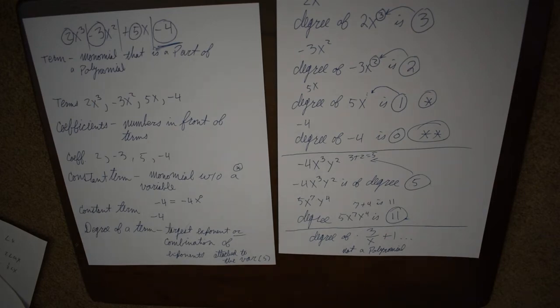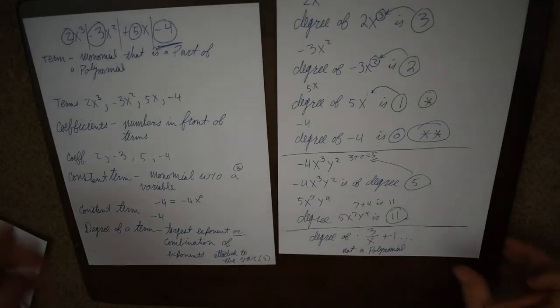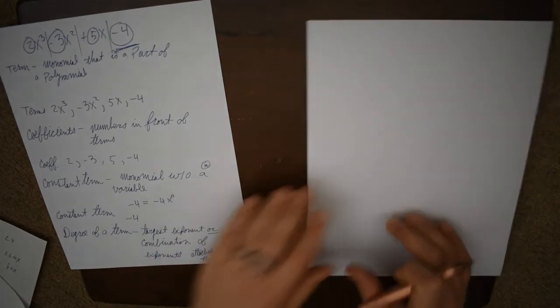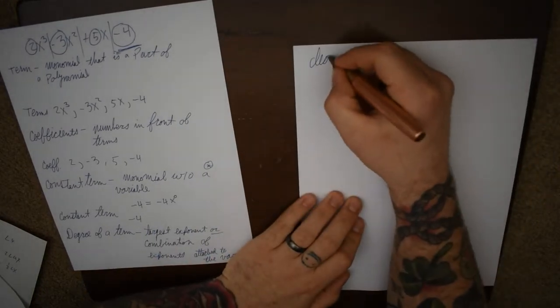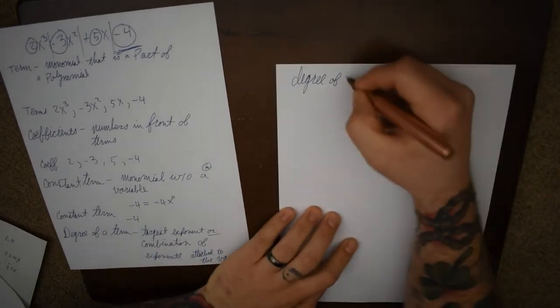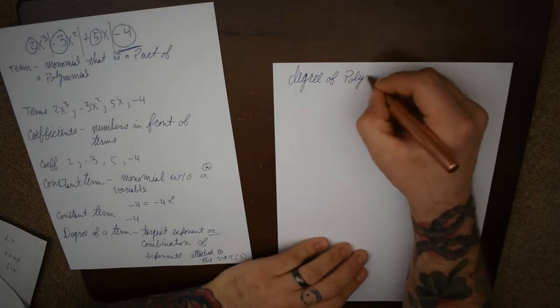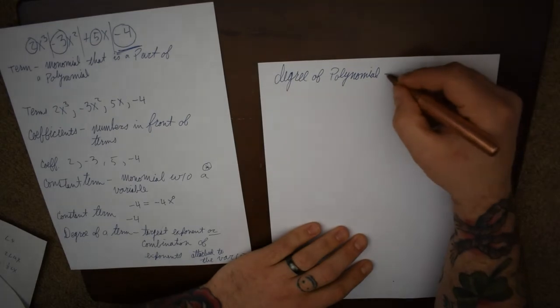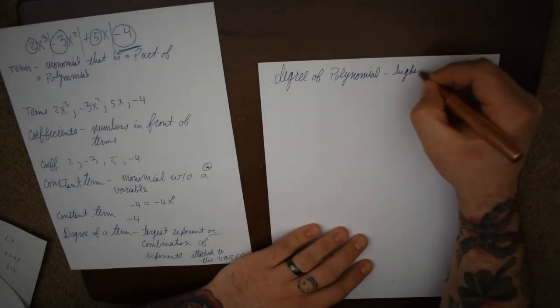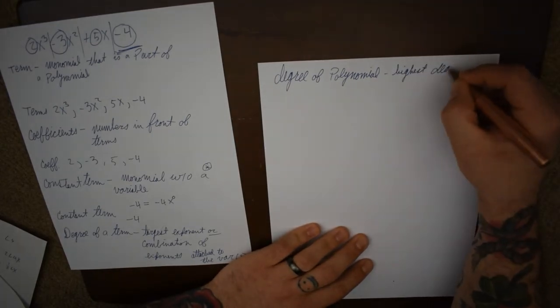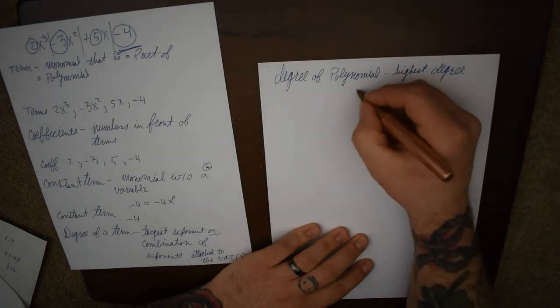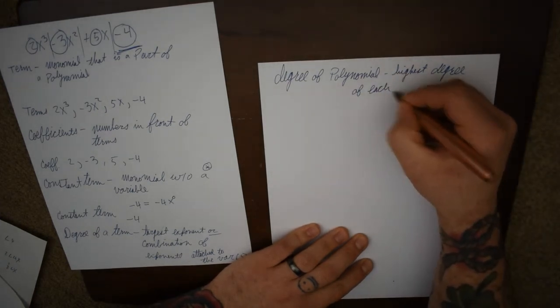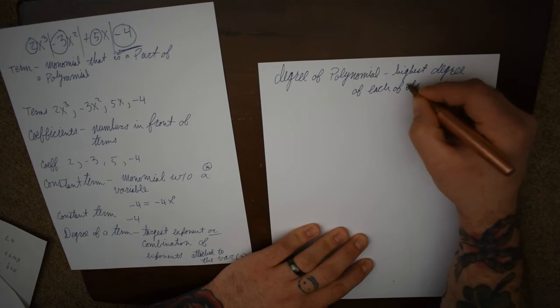We're only going to ask you about degrees in reference to polynomials. So let's talk about the degree of a polynomial. The degree of a polynomial, well, that's the highest degree of each of its monomials.